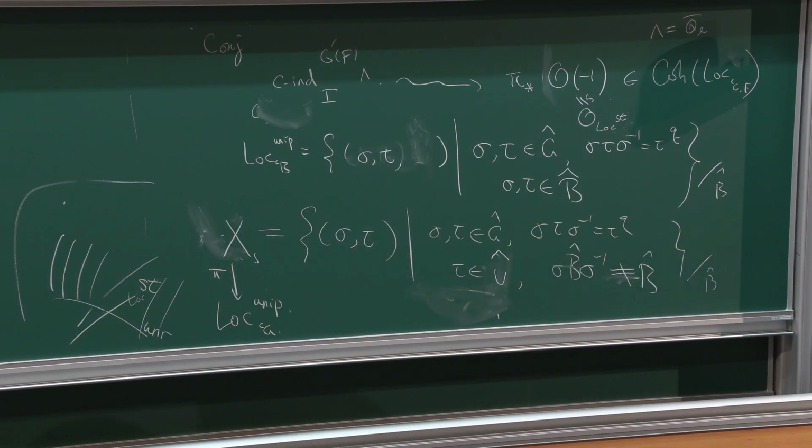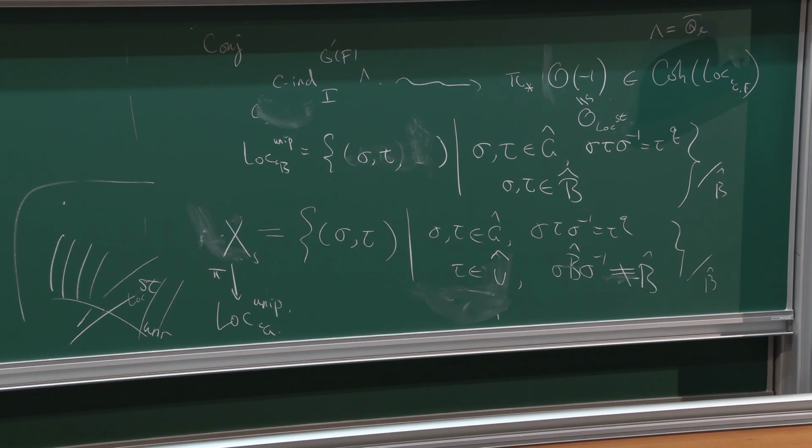So the geometry, this is 1 and this is P1, but when you push forward, the O of P1 vanishes. Sorry, if you put this generic condition, shouldn't there be a point over the Steinberg?